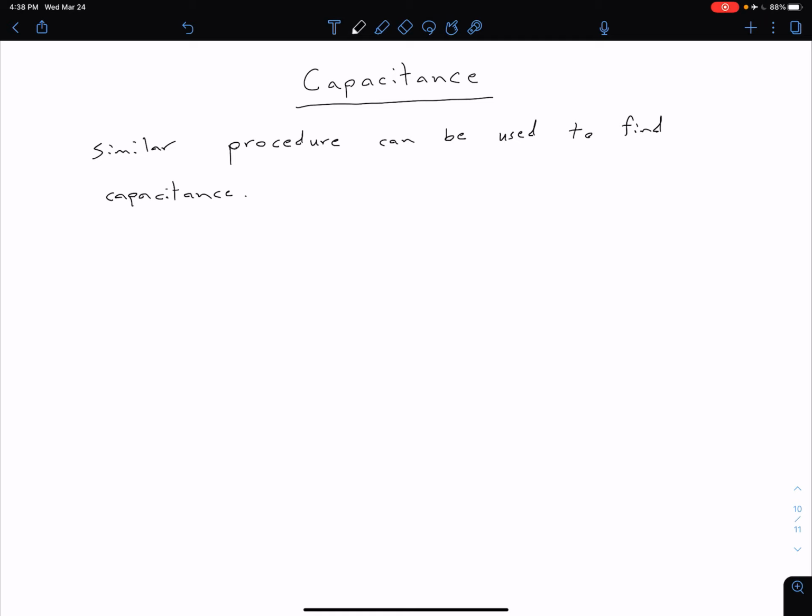So going back to our general capacitor equation, we know that capacitance is equal to charge over voltage. And so we can relate those to some expressions that we've seen previously in the notes. So this is going to be epsilon times the surface integral of E dot ds. And so previously we've seen that as D dot ds.